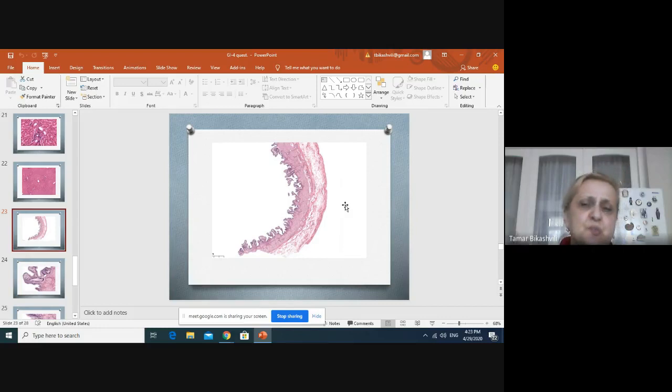In small intestine, the external layer is serosa, thin serosa. And here it is so thick. This part is also serosa, but this part is adventitia, much thicker compared to small intestine. You can see thick connective tissue, something thick like the muscularis.